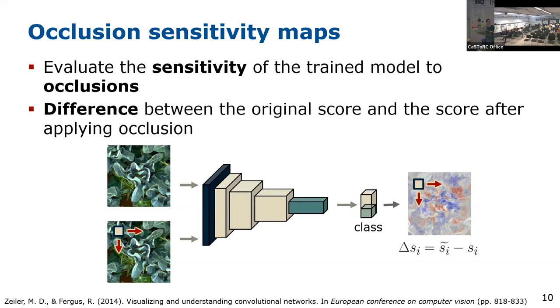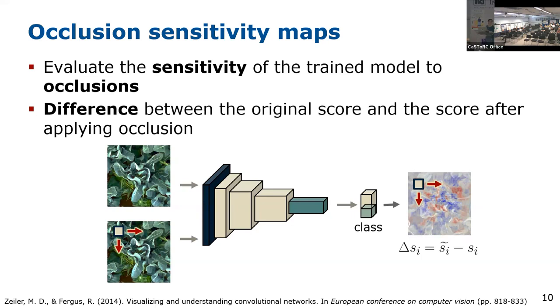The result of these interpretation tools is a saliency map. A saliency map is the same size as the input image, and each pixel in there indicates the importance of that specific pixel for the decision. And so I want to present the principle behind these two techniques.